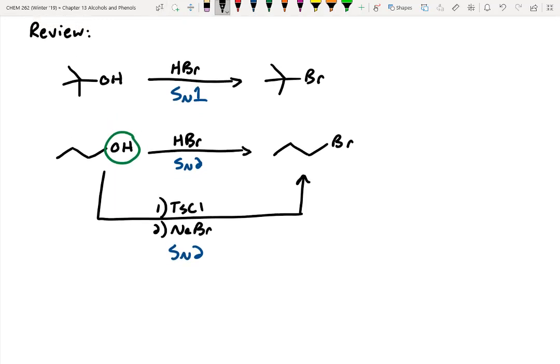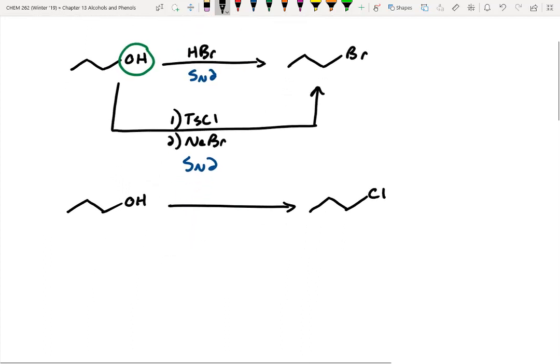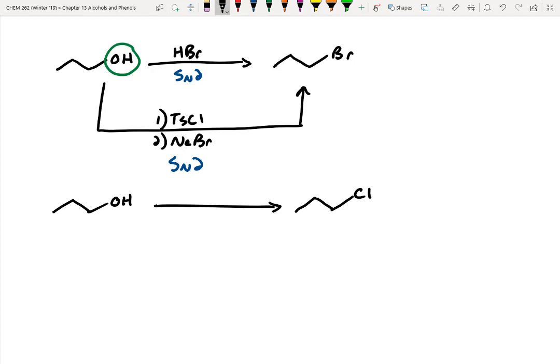All right, there was one other way to do this, where you can convert an alcohol to an alkyl halide with a chlorine on it. This is a little bit harder. You have a few options, just like with the top one. You can either treat it with HCl.